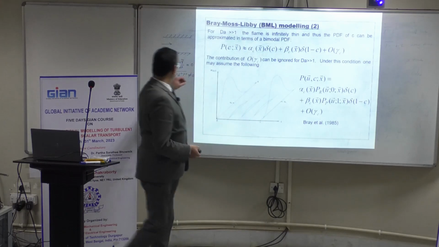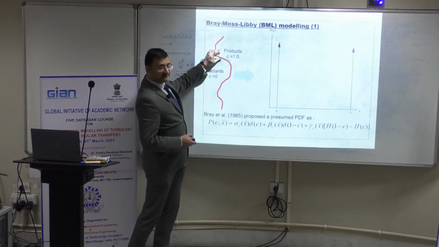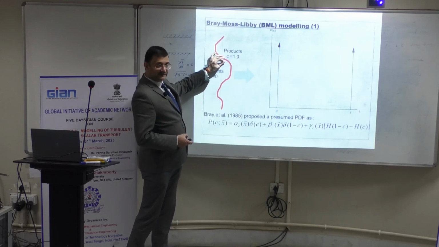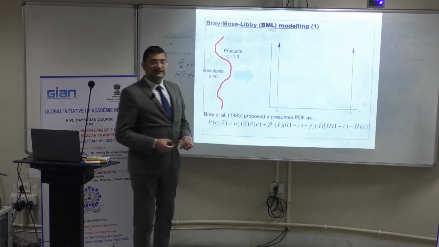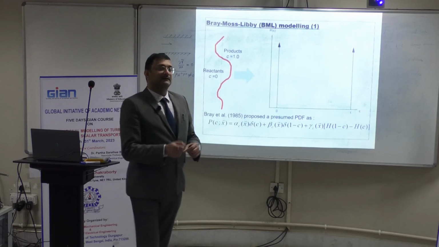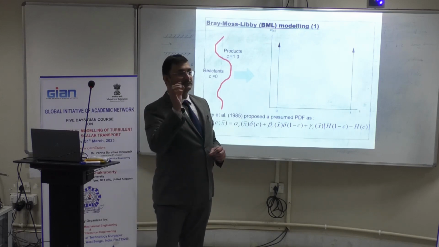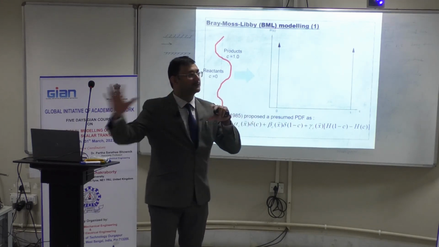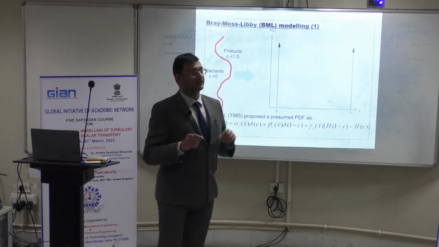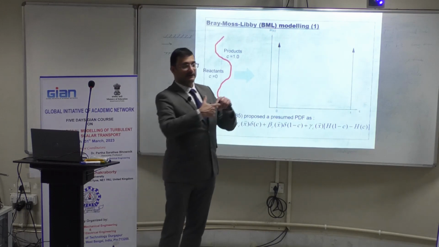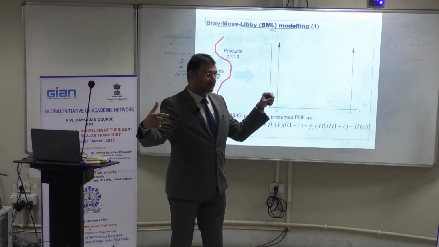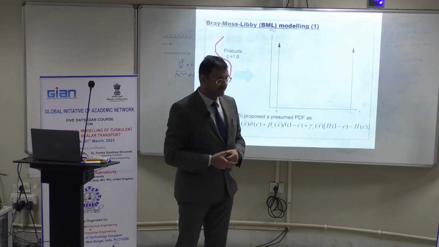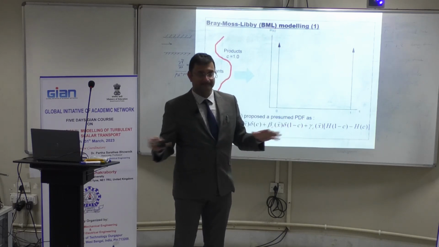Because think about this: when chemistry is fast, everything is over in a very small distance. So essentially, I can consider my flame just like a membrane which is separating reactants and products. If the chemical time scale is large, the chemical reaction will go on over a large breadth of space. That's the idea. Clear?